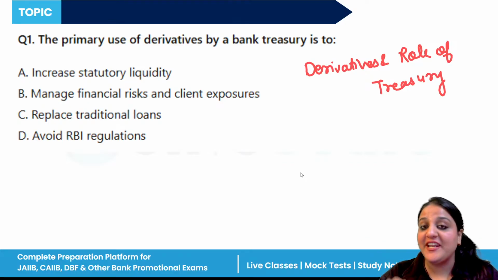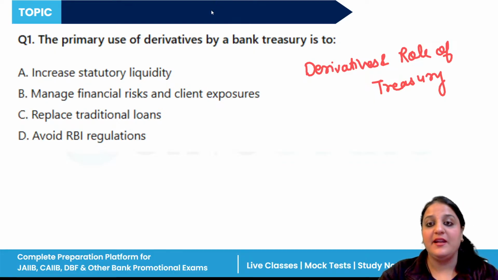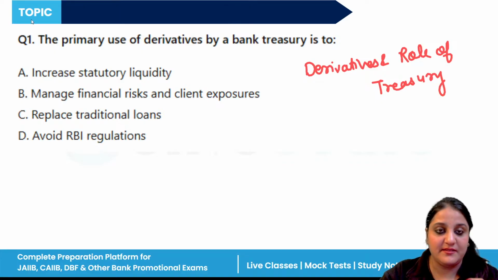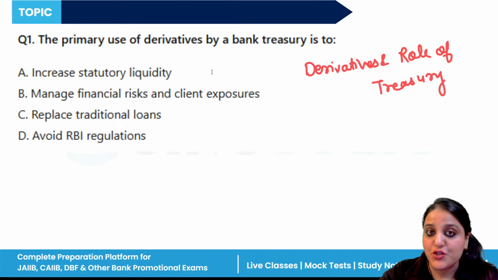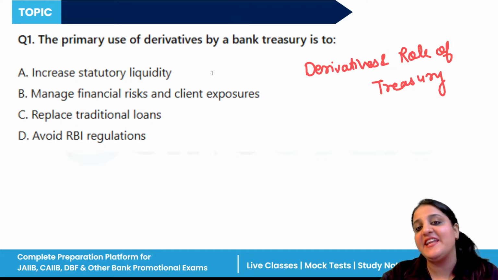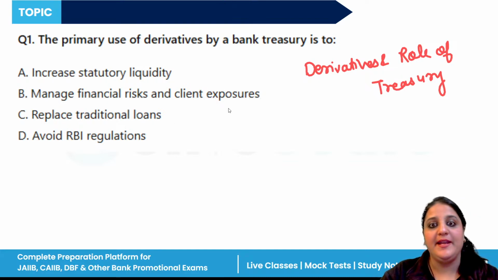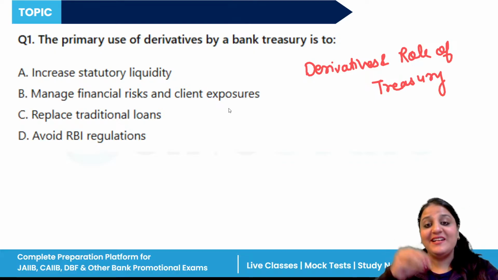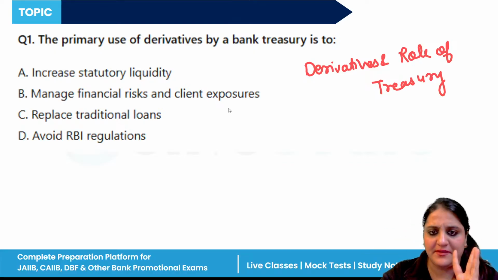Derivatives are financial instruments whose value is derived from an underlying asset, such as currency, interest rate, bond, commodity. Bank treasury uses derivatives mainly for 3 purposes.